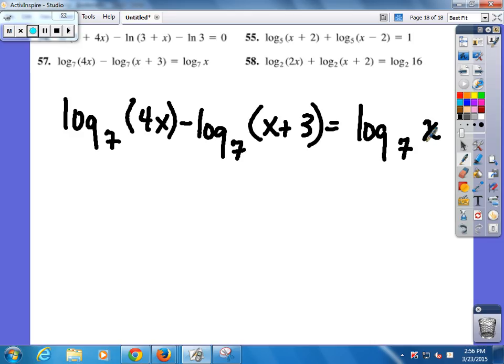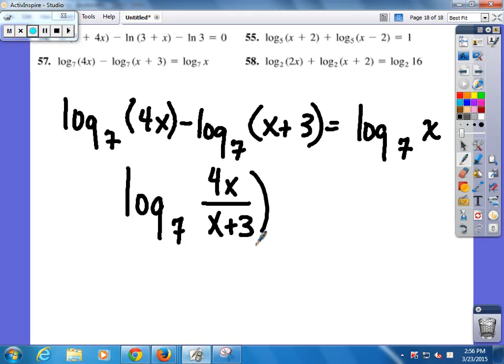As division, using what law? Starts with a Q. Quotient law, quotient rule. Log base 7 of 4x over x plus 3 equals log base 7 of x.